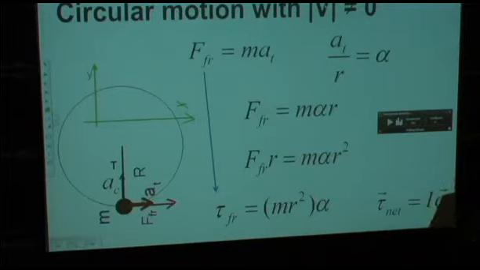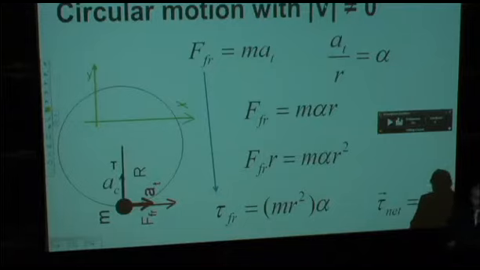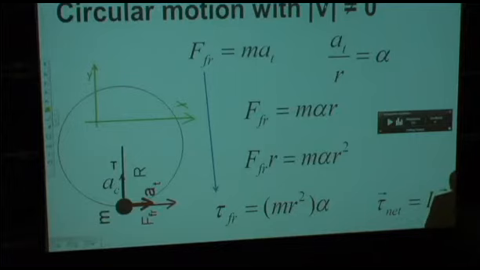So if we rewrite Newton's law, making a transition from linear variables to rotational variables, that will make mathematics much easier for us. So instead of using the tangential acceleration, we can use the angular acceleration. That's how they are related. So we just replace the tangential acceleration with angular acceleration times radius.